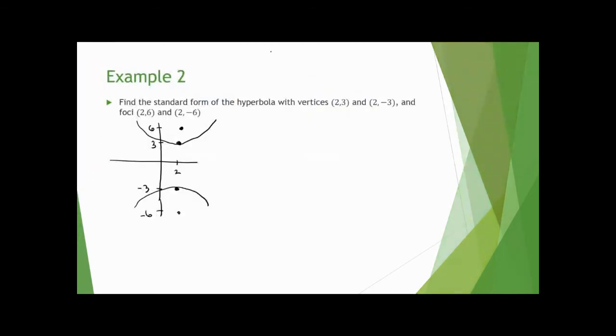So my equation is going to be y minus k, now k is the y value of the center, so that's going to move with it, over a squared, minus x minus h squared over b squared equals 1. So now I need to determine, I'm going to always start with the center.